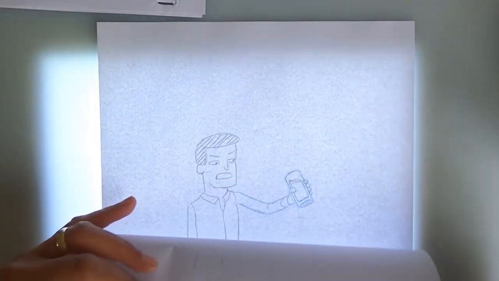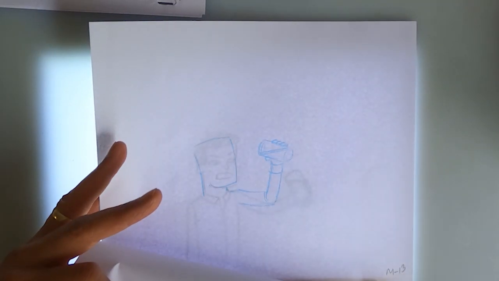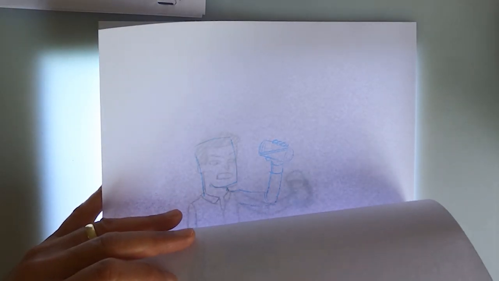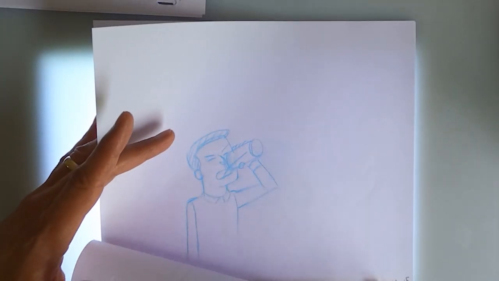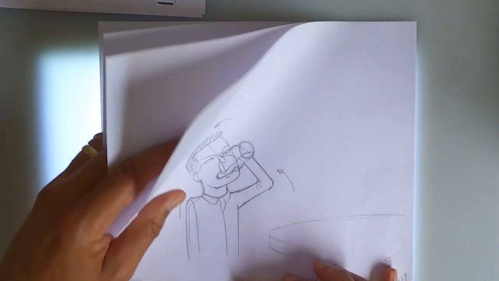So first we had drawing 11, where he's lifting it up. 13, he's tilting his head back as the glass is getting close to his face. 15, the water is going down his throat, and there's connecting to his face.